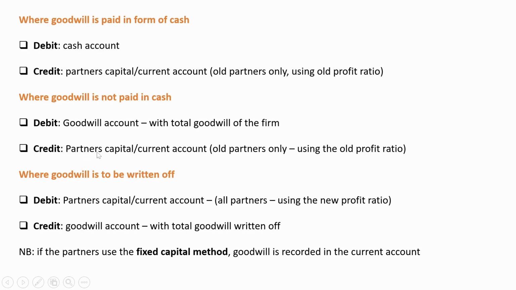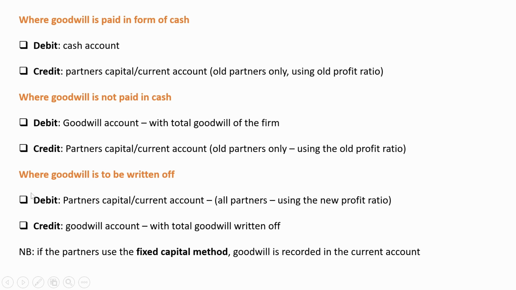Then we credit partner's capital or current account, and this is the old partners only, using the old profit sharing ratio. This part and the first one, where goodwill is paid in form of cash, are similar in terms of recording the capital account. In both cases, we have credited the partner's capital or current account, and it is only for the old partners. The new partner does not get a share, and we are using the old profit sharing ratio.